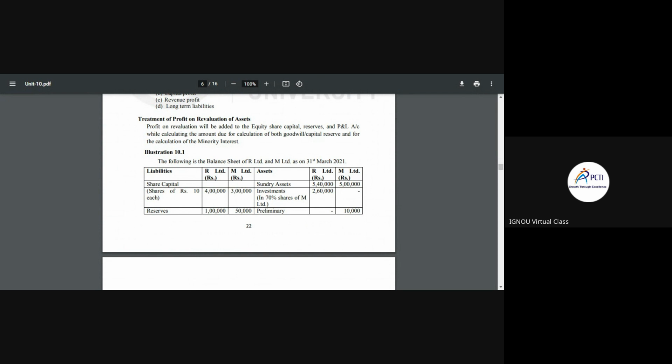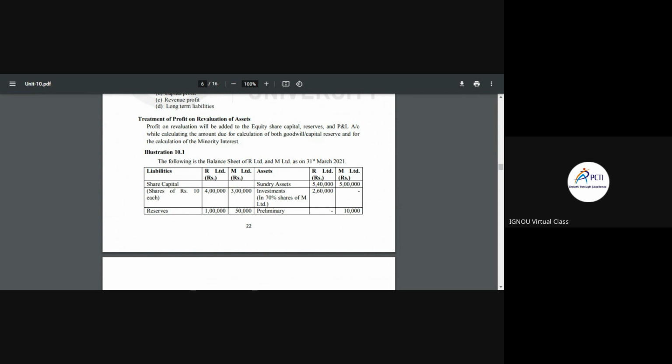So profit on revaluation will be added to the equity share capital, reserve and P&L account while calculating the amount due for both goodwill or capital reserve and the minority interest.